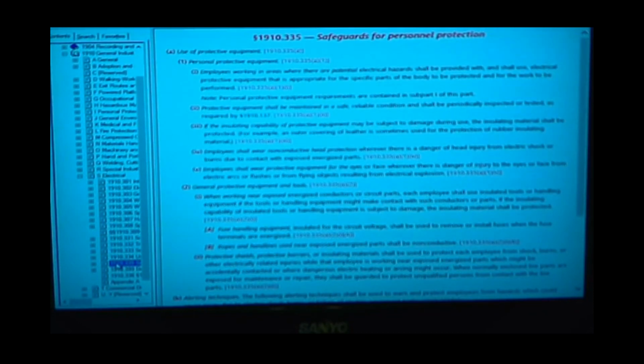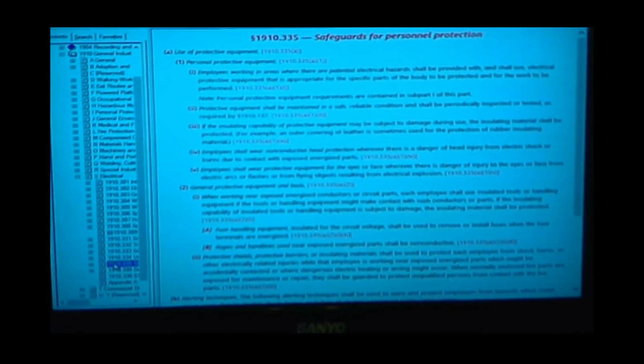But there are regulations that say, and we're going to read this, that the PPE has to fit the employee, and it has to be maintained in a clean and sanitary condition. So PPE, guys. We can go on for days talking about PPE and these OSHA rules. But we're going to move on to the document NFPA 70E, which is an interpretation of the OSHA rules, the OSHA document.